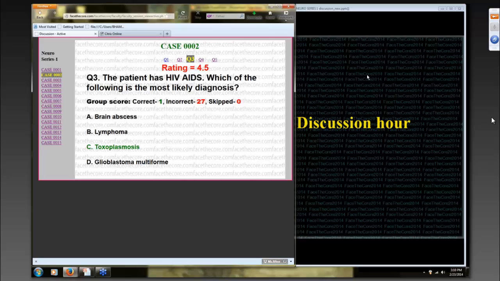Everybody will talk about GBM and lymphoma, but please include toxo. It exactly looks like the other 2. Great. Is GBM common in patients with HIV as well? Do these patients have the same incidence as the general population? It's the general population. It has no real relation with HIV. The only 2 things which have relation with HIV are toxo and lymphoma.